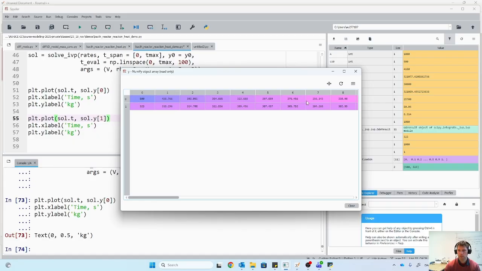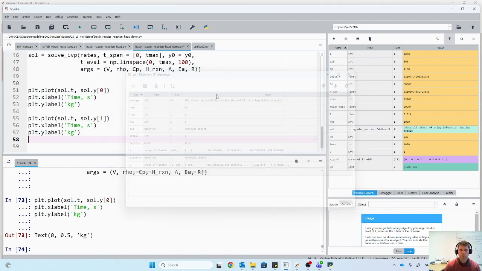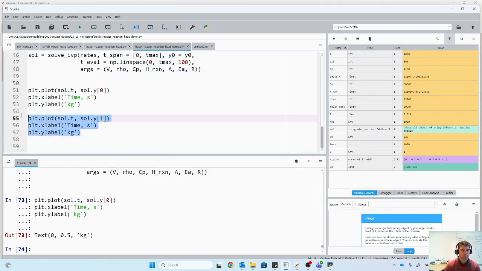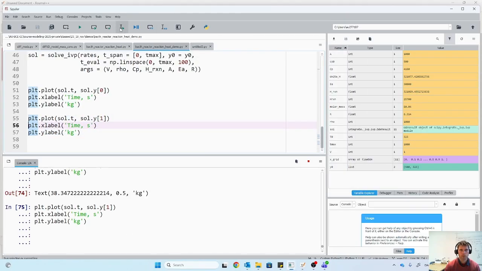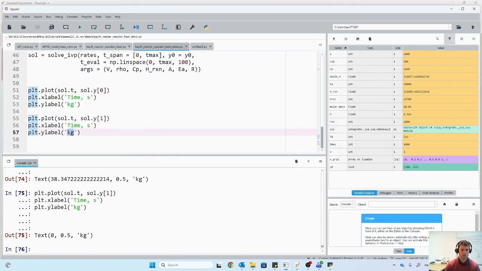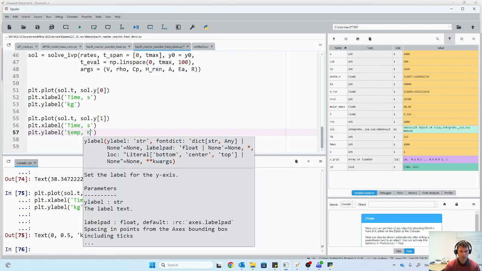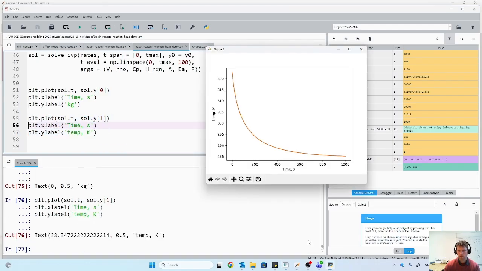Up here is the concentration or the mass data. So let's plot that in a new one. And of course the unit will be temperature in Kelvin.